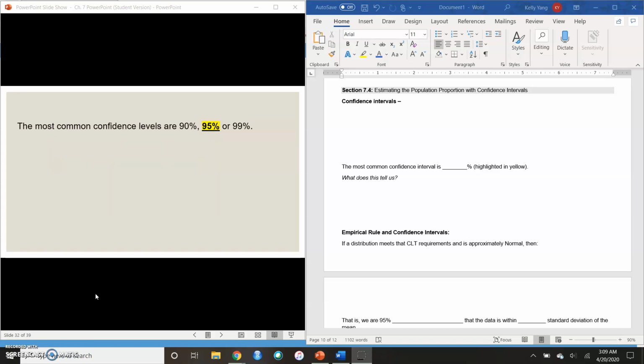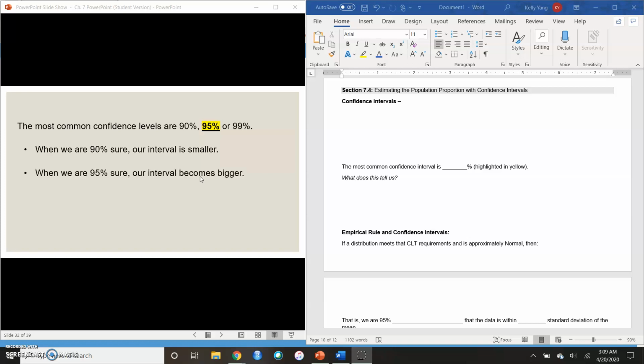Some of the most common confidence levels are 90%, 95%, and 99%. The most common one that we use is 95%, because 95% is a good balance between being confident and being uncertain. So when we are 90% sure, our interval is going to be slightly smaller.